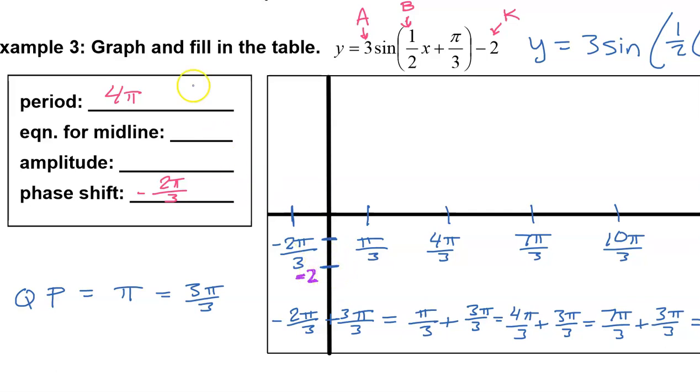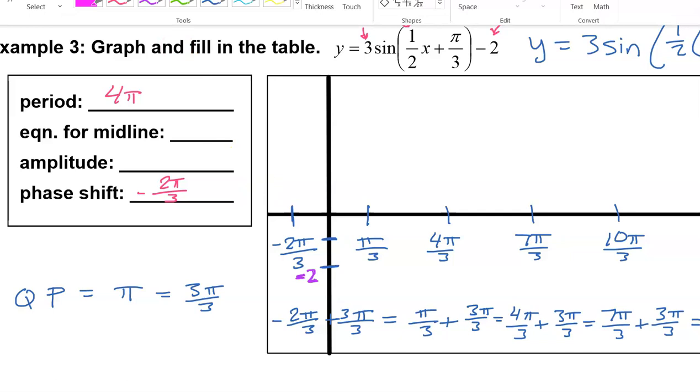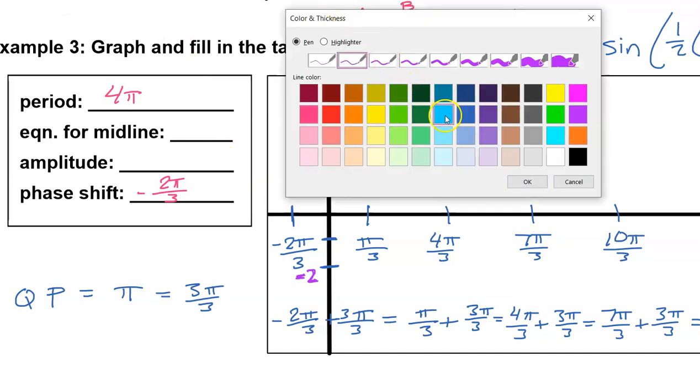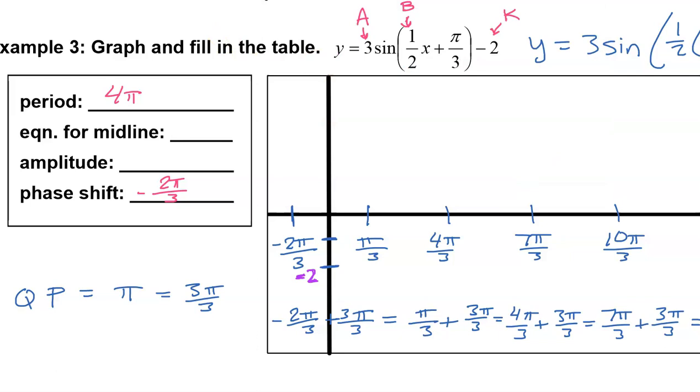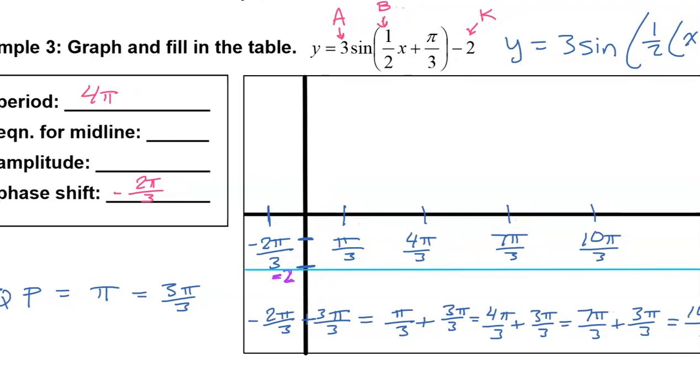This is my new midline, and we should draw that as a dotted line. But I'm going to give myself a guideline so I can draw it straighter. Okay, I kind of missed it a little bit.